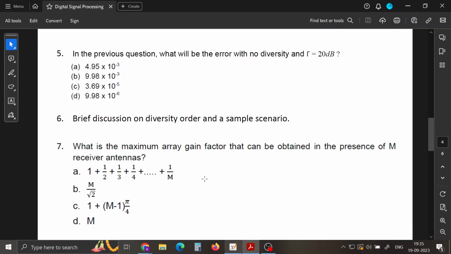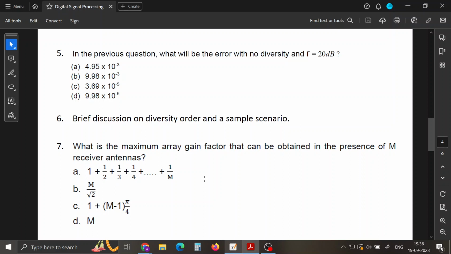Now let's start the 7th one. 7th question, please read. Okay, the 7th question is very straightforward. Someone wants to say what do you think would be the answer? Maximum array gain factor that can be obtained in the presence of M receiver antennas.